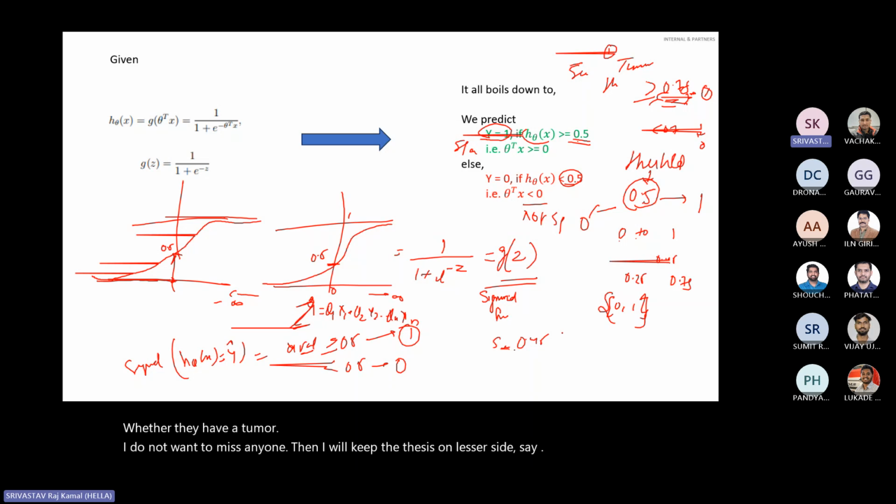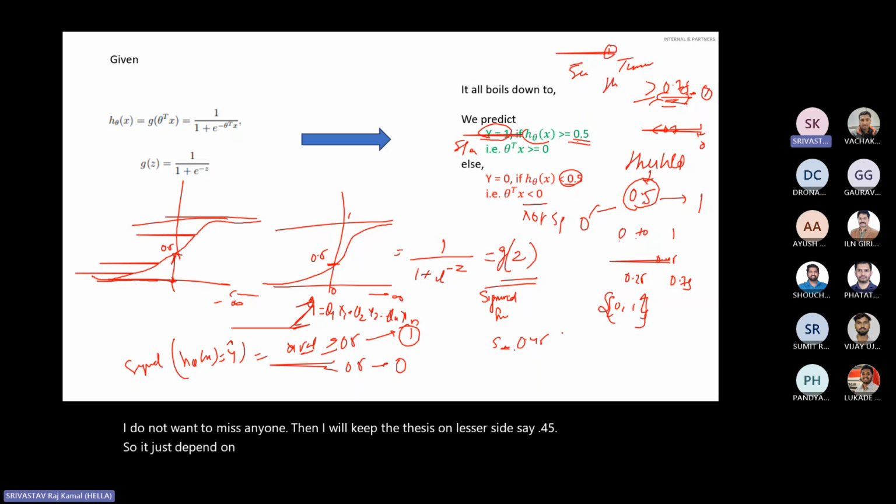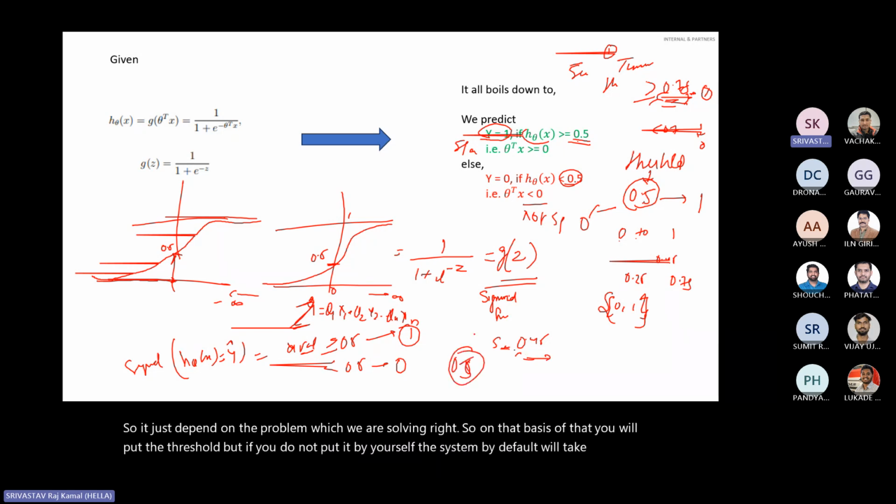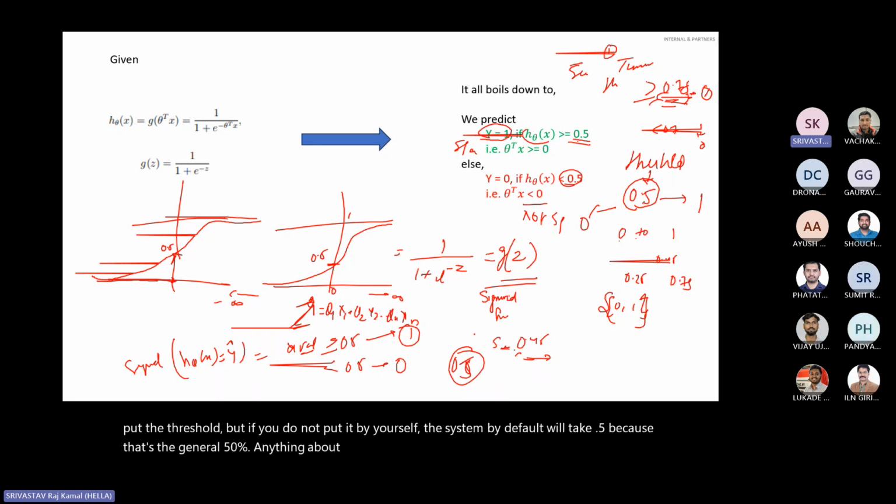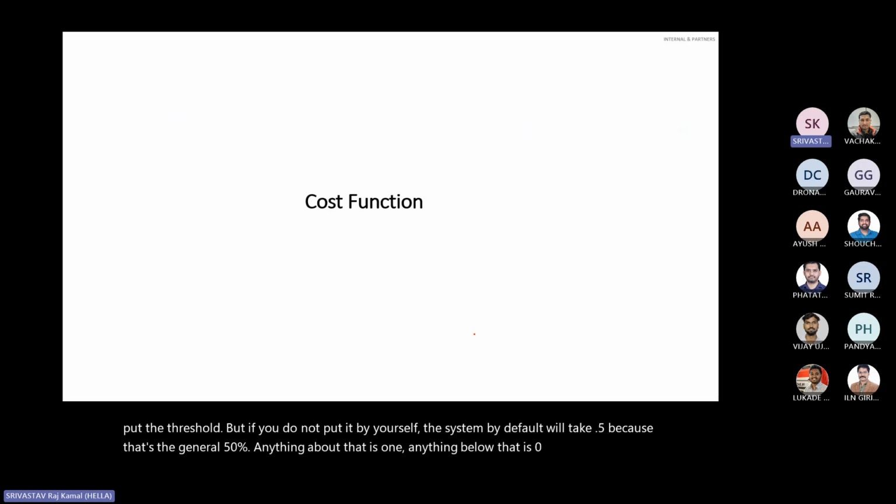So it just depends on the problem which we are solving, right? On that basis you will put the threshold. But if you do not put it yourself, the machine learning algorithms by default will take 0.5, because that's the general 50%. Anything above that is 1, anything below that is 0.